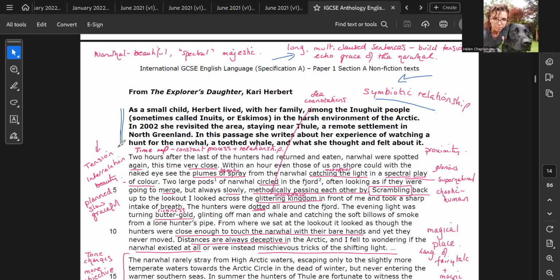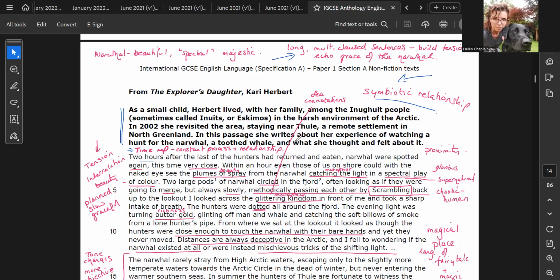So, looking at that tension, that conflict, you have a time reference to start off with, 2 hours after the last of the hunters. That timing shows that there's a constant process and relationship.